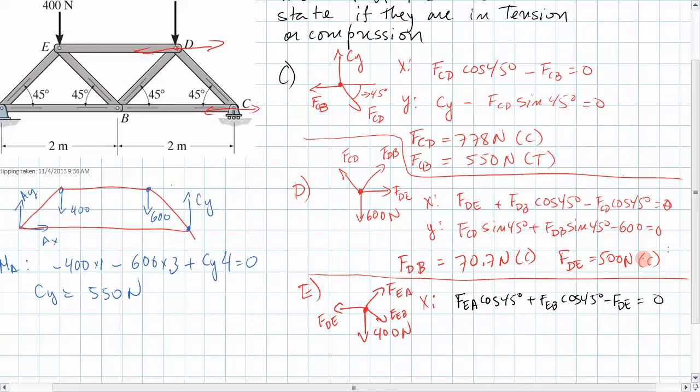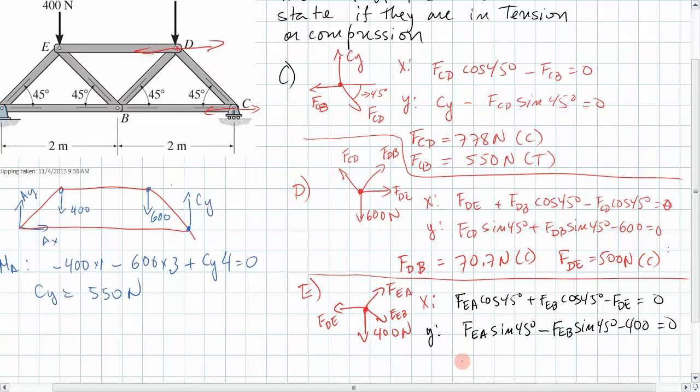Now I can write for the y-axis: FEA sine of 45 degrees minus FEB sine of 45 degrees minus 400 is equal to 0.